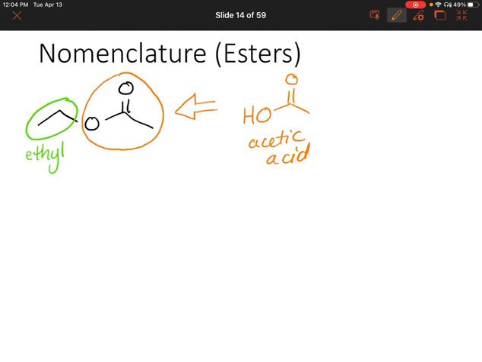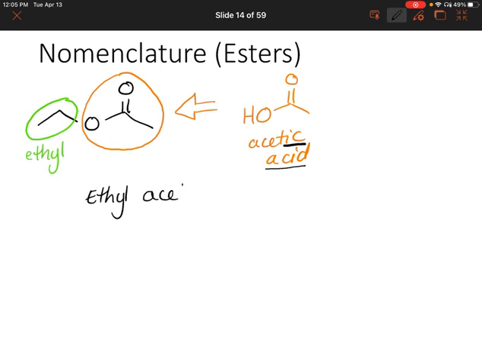Okay, so now putting this all together, we're going to start by naming that substituent, ethyl, on the oxygen. And then we're going to use the acetic acid name, but we're going to replace ic acid with ATE.